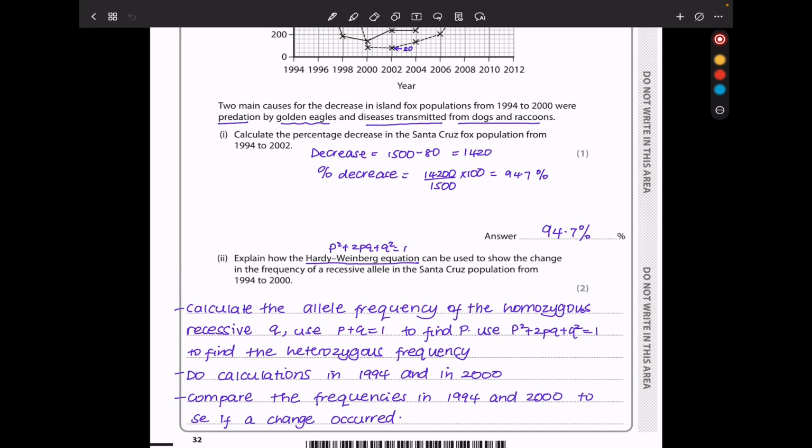And then we could use p + q = 1 to find the p. Then we use p² + 2pq + q² = 1 to find that for the heterozygous. We'll do calculations in 1994 and in 2000, and then we compare the frequencies in 1994 and in 2000 to see if a change has occurred. This should be C.